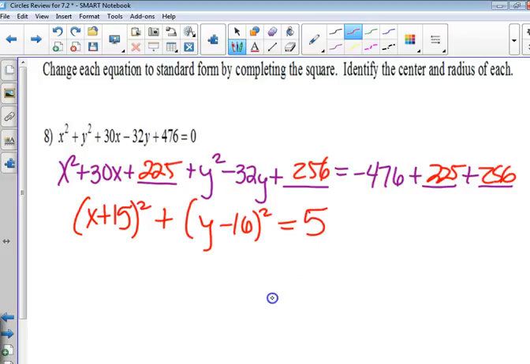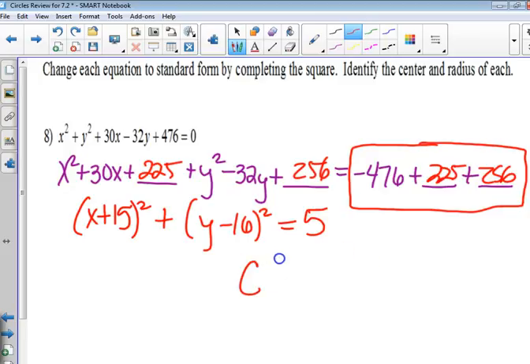Okay, so, because we added all this together, is that not what you got? Did everybody else get 5? Okay, center. And the radius would be an ugly square root of 5, which is a little over 2, right?